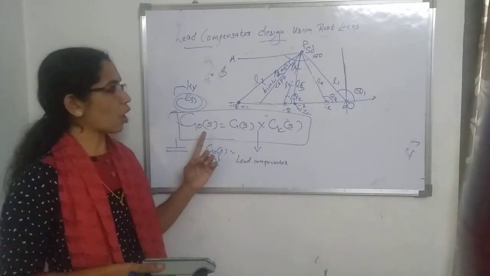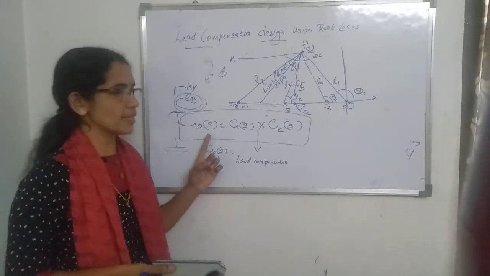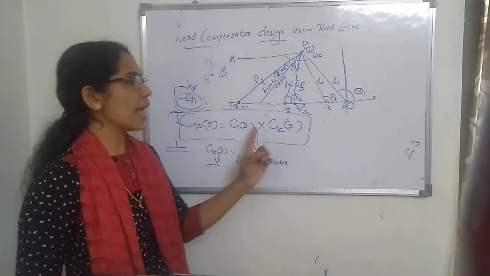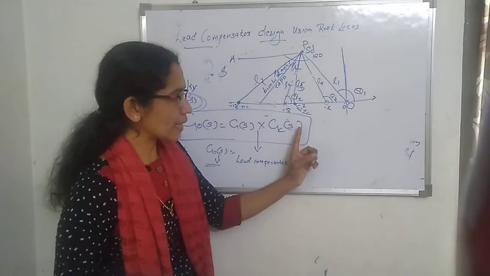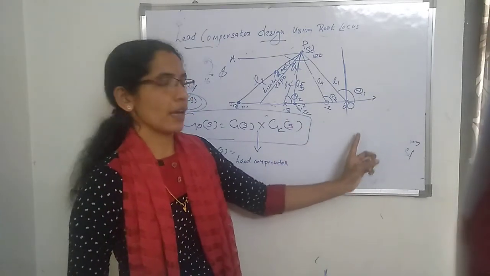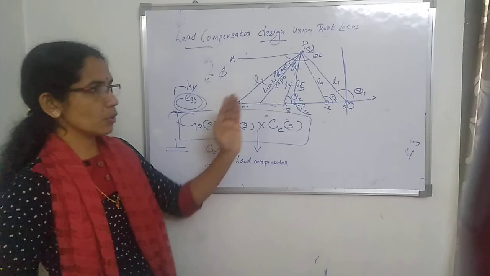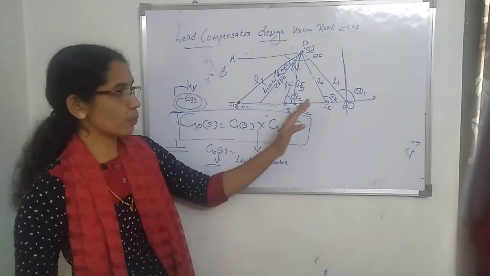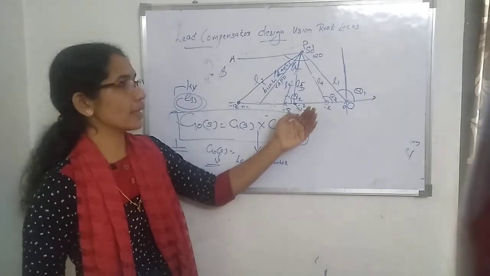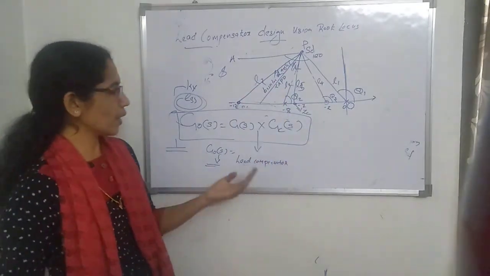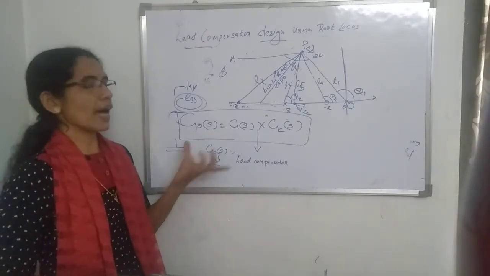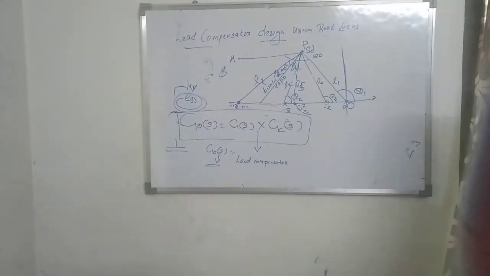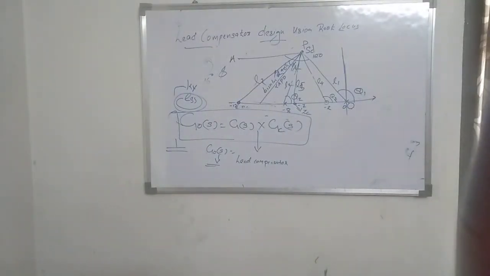Next step, find the open loop transfer function of the compensated system, which is equal to G of S into GC of S. And in this step, we need to find the open loop gain K. While finding the open loop gain K, we need to consider the lengths contributed by the poles and zeros of the lead compensator also. And last step, check whether the design is acceptable or not. That is the procedure for designing a lead compensator using root locus.